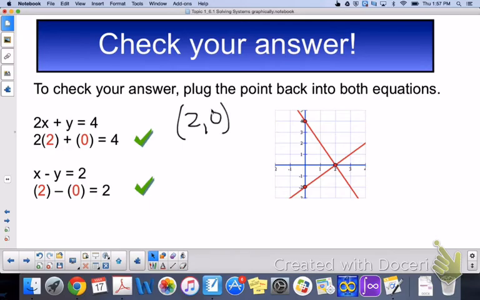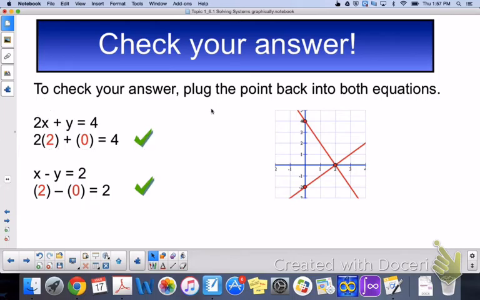So what you want to do is check that algebraically, plug it in. Plug x in here, plug y in here. So 2 times 2 is 4 plus 0. 4 plus 0 is 4. So yes, that checks. And when you plug it in on the bottom, x is 2, y is 0, 2 minus 0 is 2, so yes, that checks. You do want to make sure you check your work.